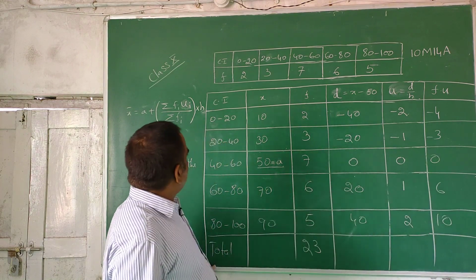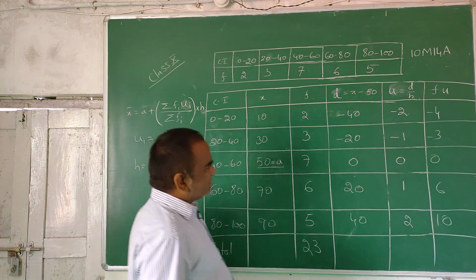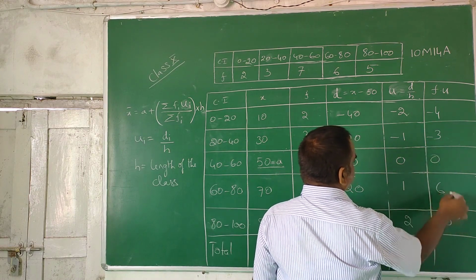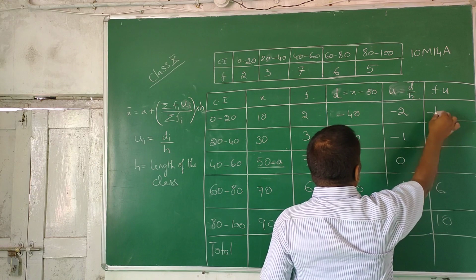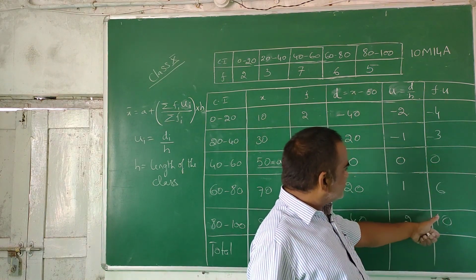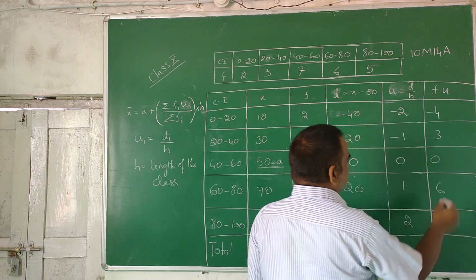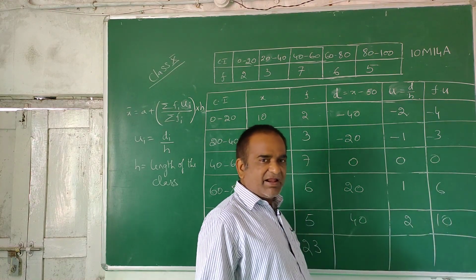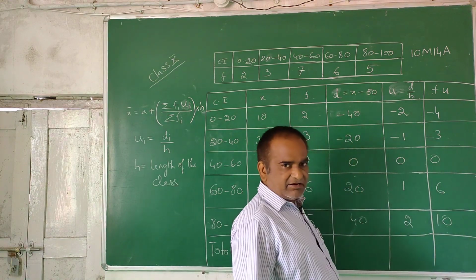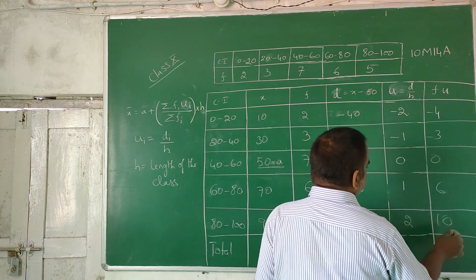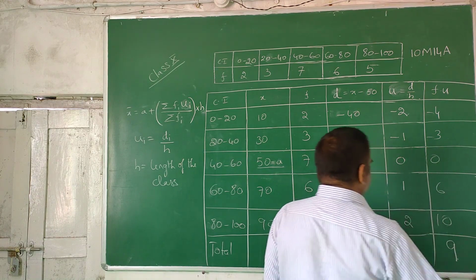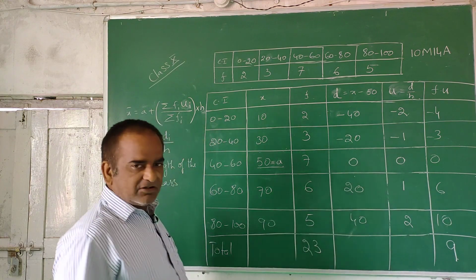Now this block is for the total. You have to take the sum of these quantities. 10 plus 6, 16. Minus 4 minus 3 is minus 7. Are you following? 16 minus 7 is how much? 9. Right? So this total is 9.